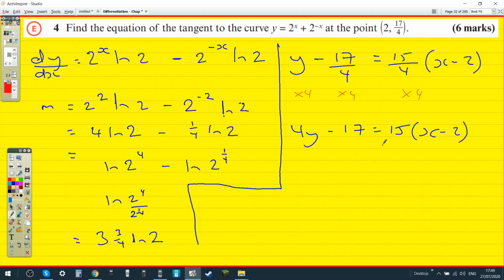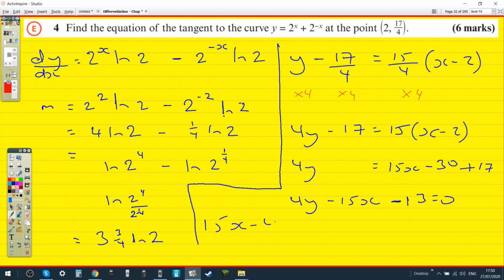So 4y is equal to 15x minus 30 plus 17, which is minus 13. So 15x minus 13, or 15x minus 4y plus 13.